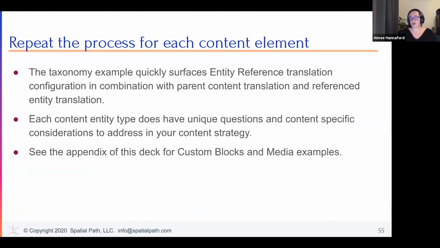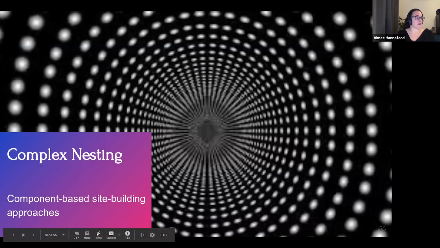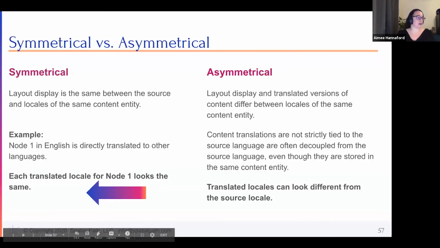So repeat this process for each content element, because this example quickly surfaces how reference translation exists, but you could apply this to all of your levels of configuration. So we're going to talk a little bit about complex nesting.